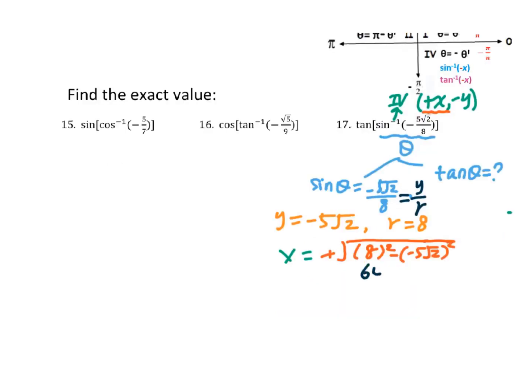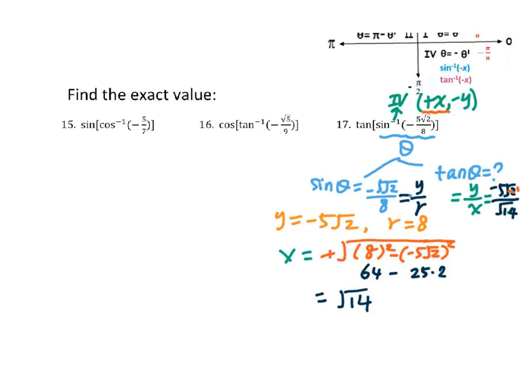8 squared minus negative 5 square root of 2 squared. This will be 64, 8 squared is 64. Negative 5 squared, that's 25, times square root of 2 squared is 2. So we got 50. 64 minus 50, that's square root of 14. So for tangent theta, that's y over x. You got negative 5 square root of 2 over square root of 14.